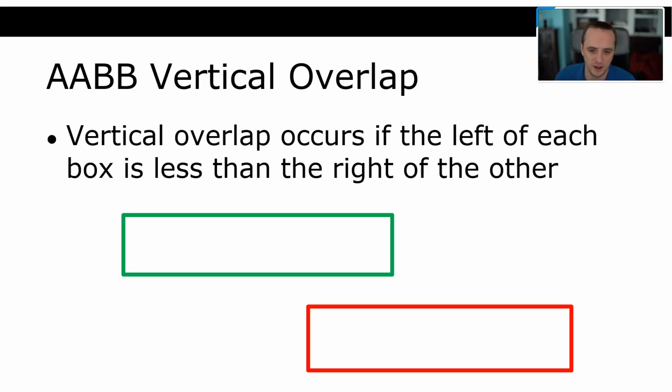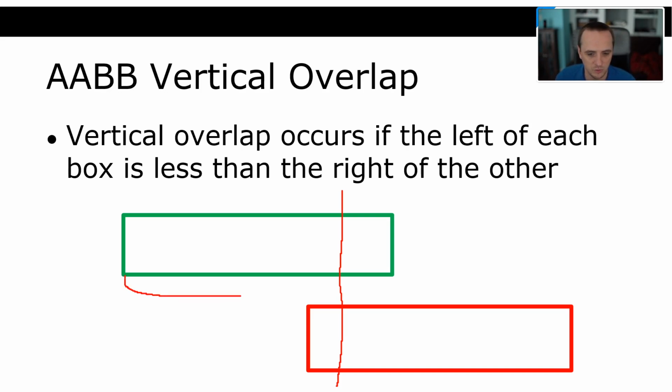Same thing for vertical overlap. Let's draw a vertical line, and there's a vertical overlap essentially if this vertical line touches both rectangles. So vertical overlap occurs if the left side of each box is less than the right side of the other box.